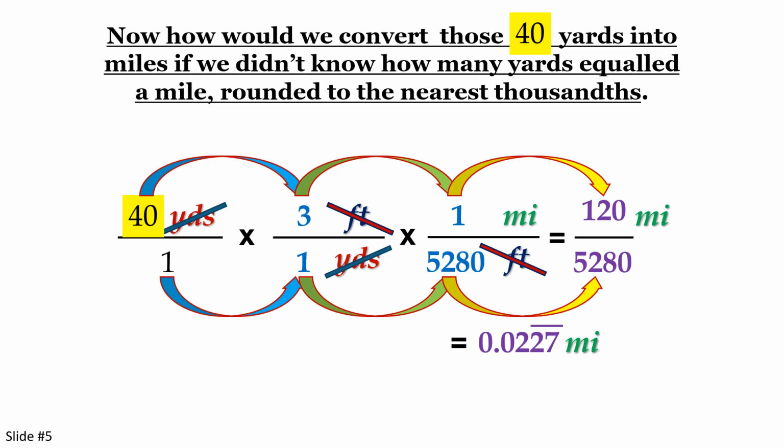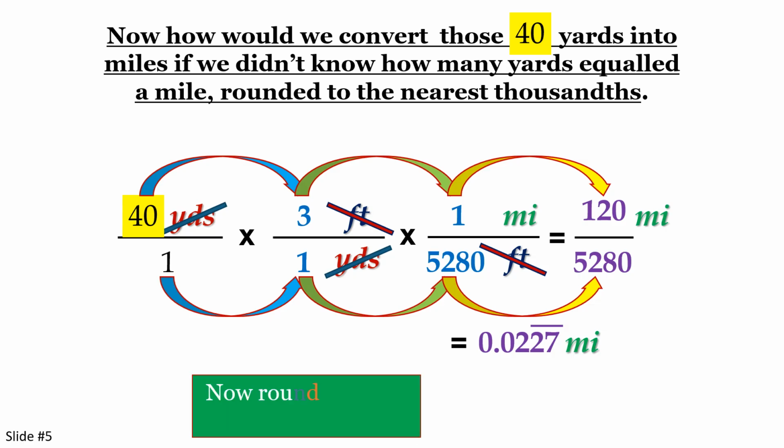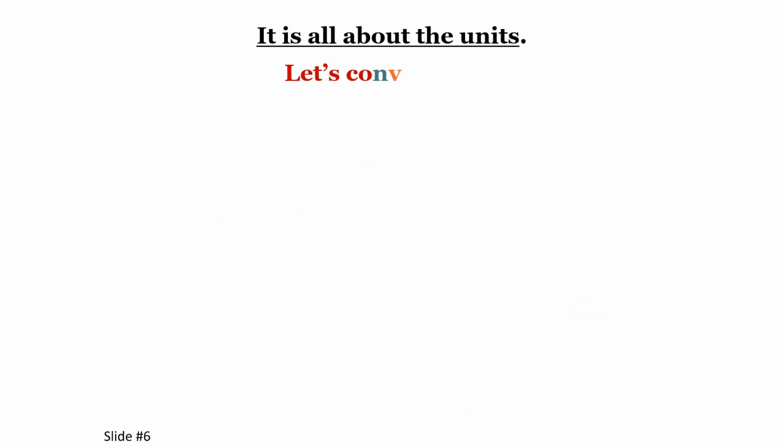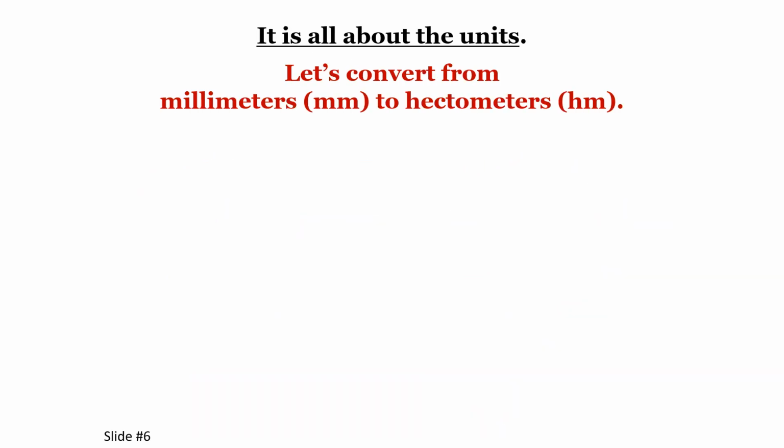Oh, that's the same number. 0.0227272727. And rounding it to the nearest thousandth. Same decimal value. Yay! So it doesn't matter whether you go direct or you have to use an intermediary. It will still work. It's all about the units.